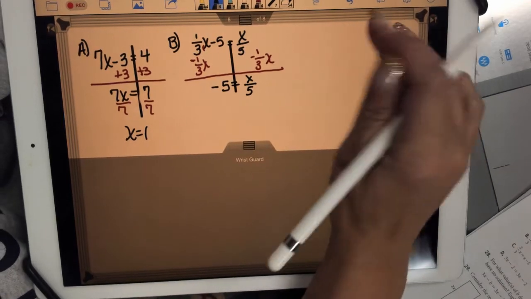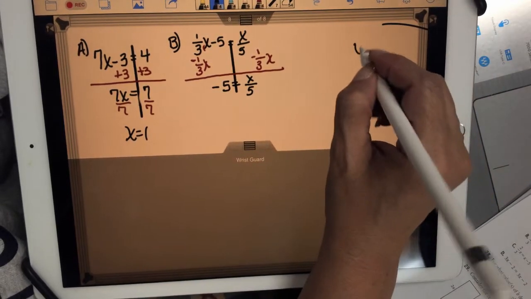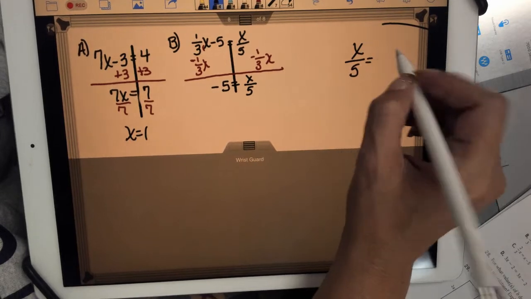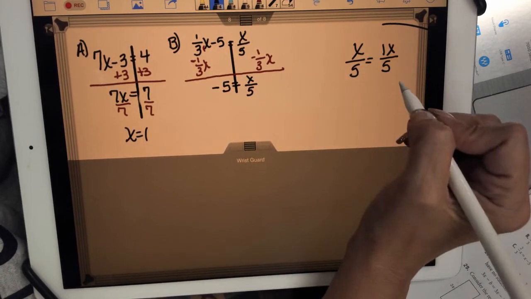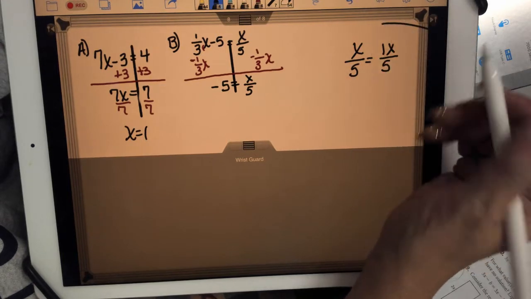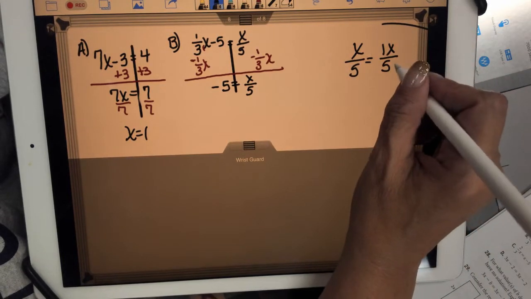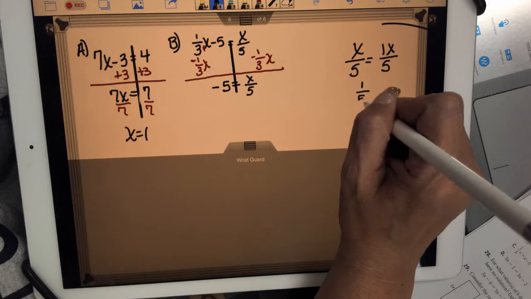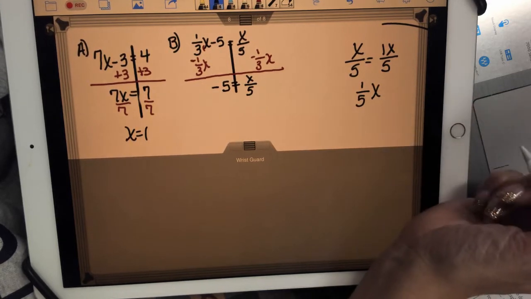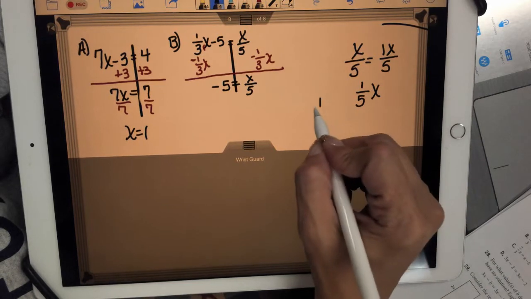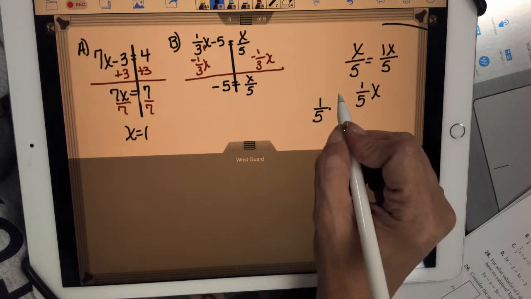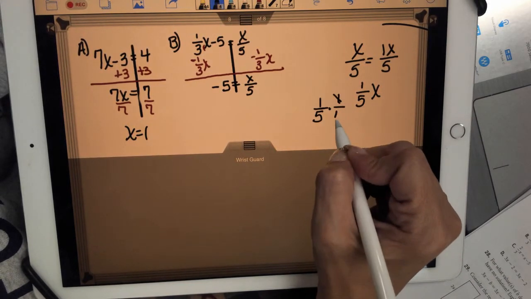Now, let me come over here and just do something real quick. X over 5. That's the same thing as 1x over 5. I can take that 1/5 and move it to the front, and it looks like this: 1/5 x. Same thing as x over 5. The difference is it's like 1/5 times x over 1.